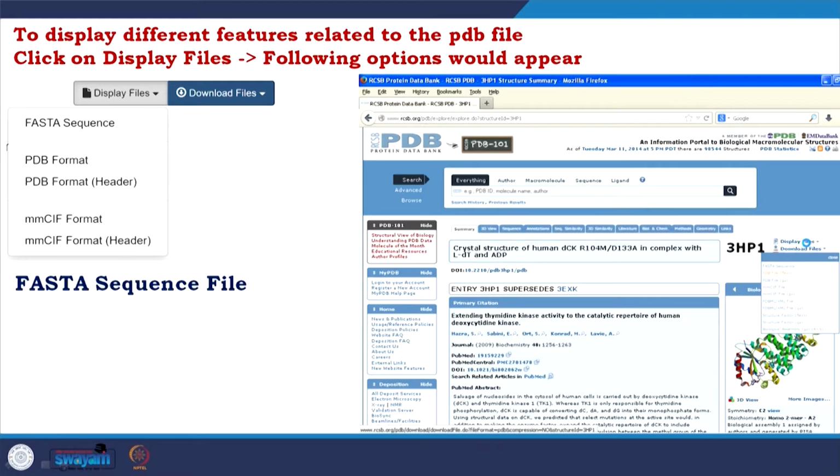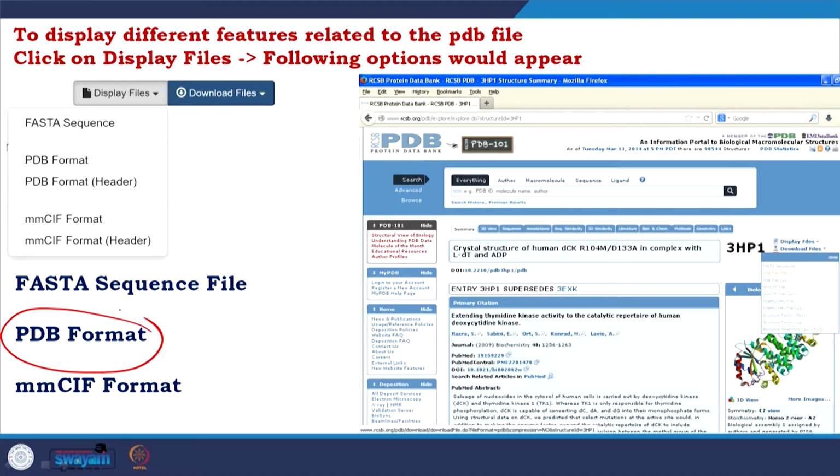One, the FASTA sequence, two, the PDB format, which comes in two ways: PDB format header and mmCIF format. PDB format I talked about and I will discuss in detail at the end of the class. So now I will discuss the FASTA sequence file and mmCIF format.